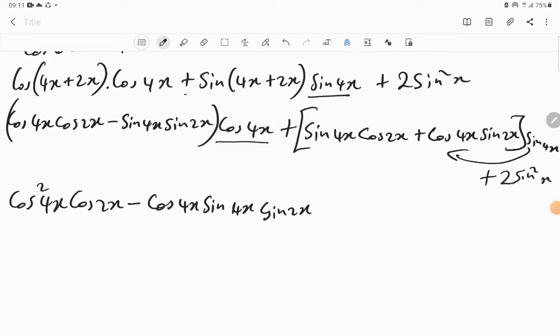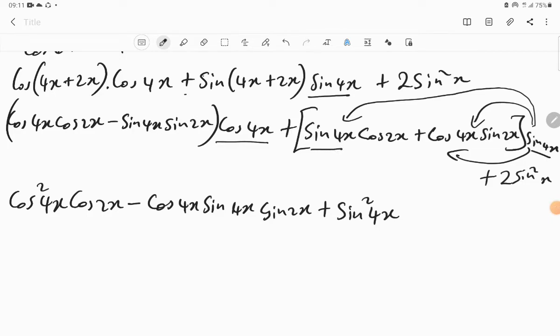Let's come to this side now. Let's distribute this sine 4x to here and here as well. So that means we are going to be having plus sine 4x times sine squared 4x, because we have this 4x and this 4x. That gives us sine squared 4x. Now we are going to be having times this cos 2x.